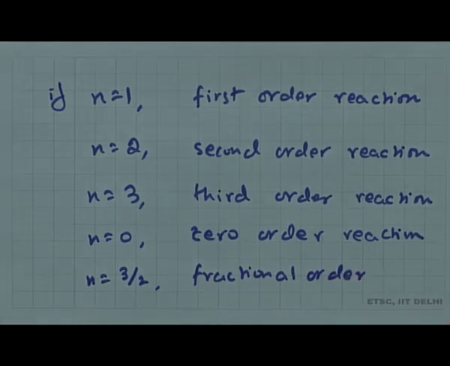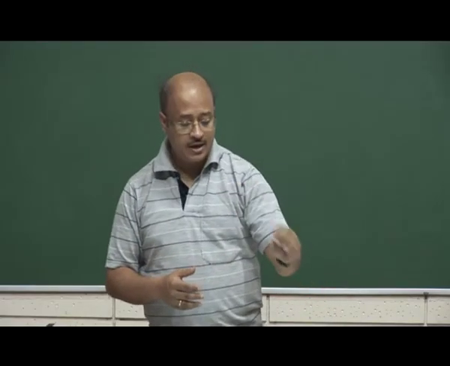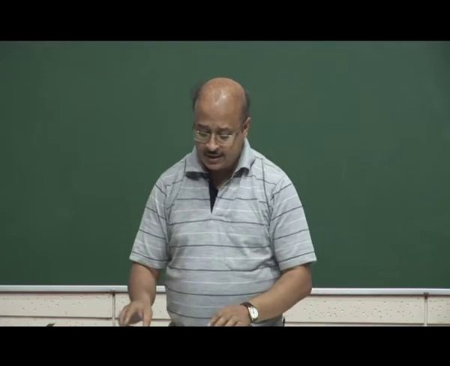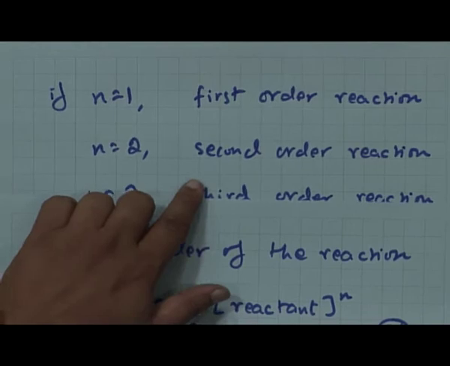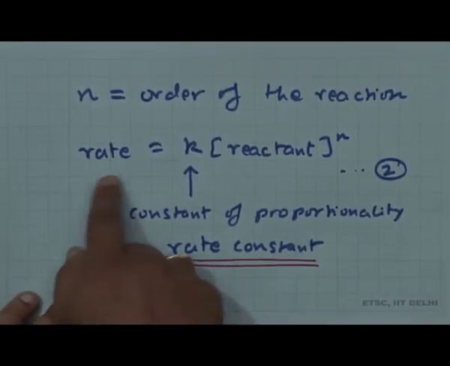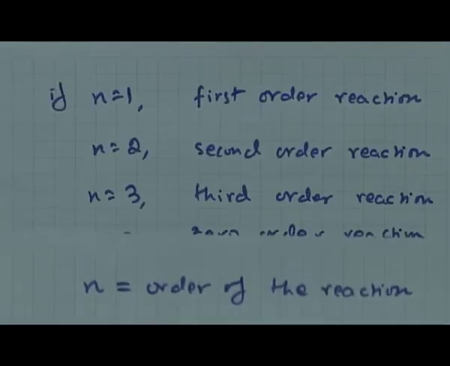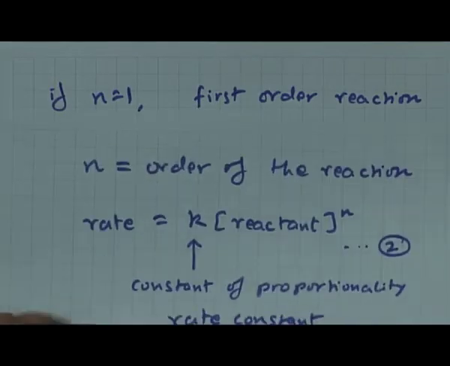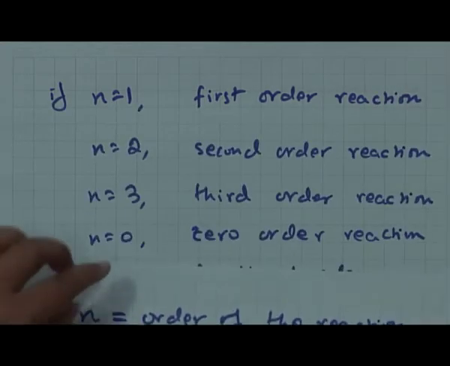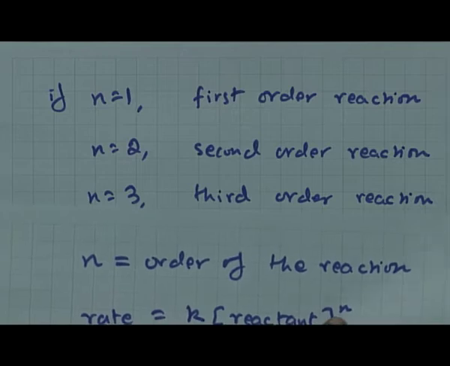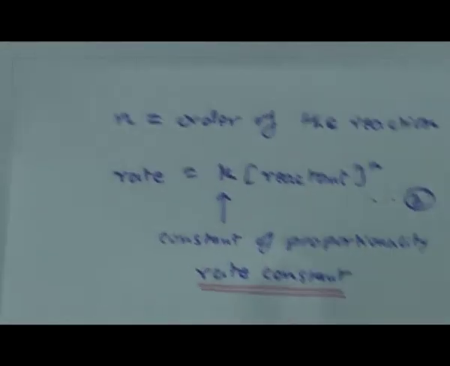Which means that if n is equal to 1, it tells that the rate is equal to K times reactant raised to the power 1. Then if n is equal to 2, rate is equal to K times reactant raised to the power 2. If n is equal to 3, it is a third order reaction, K times reactant raised to the power 3. If n is equal to 0, it is called a 0 order reaction.